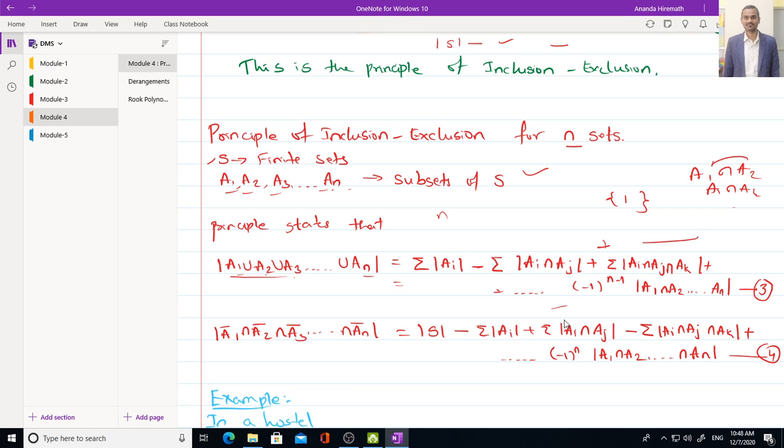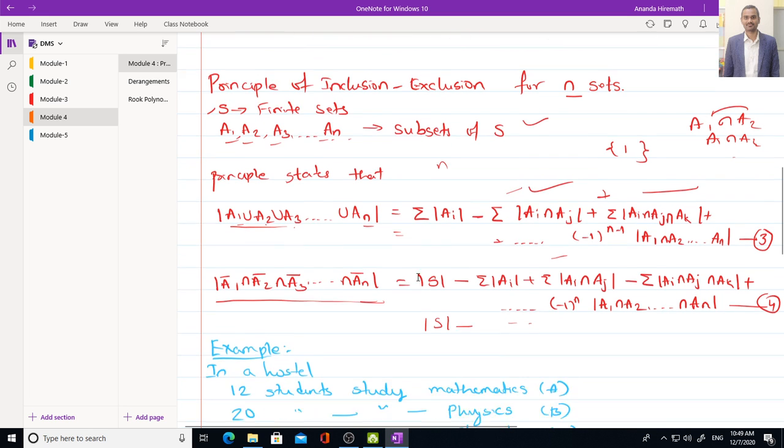So if you observe one more thing, we have alternate plus and minus symbols. Now this is one more result, that the complement of the union of A1, A2 up to An, that is the intersection of the complements, is equal to the total number of elements in S minus the remaining same thing.